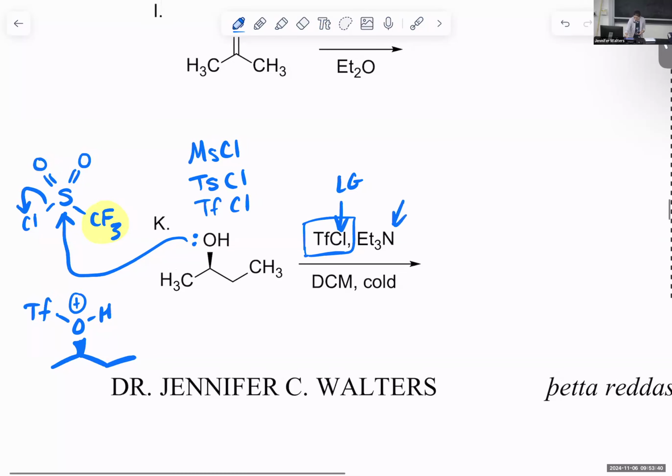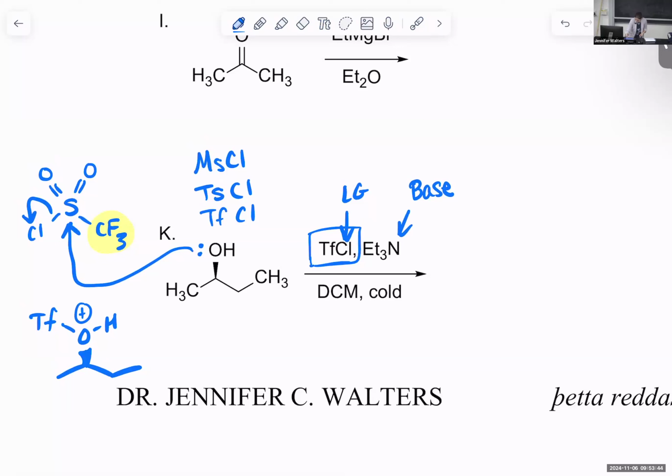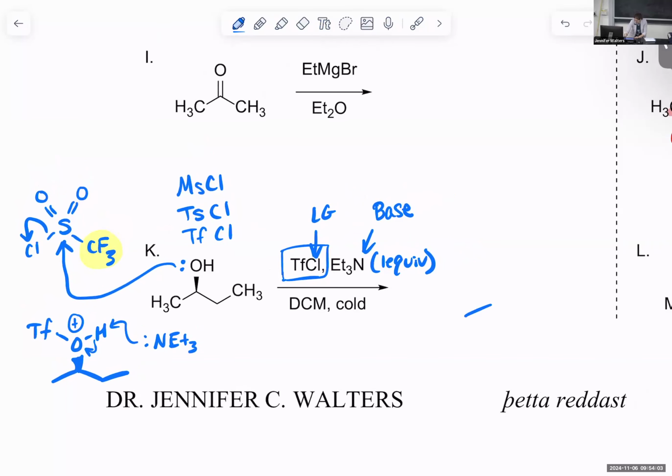The role of your base, which I should have indicated was one equivalent, but remember, acid-base chemistry happens fast. That happens first. So the base is just going to deprotonate in order to get it neutral. So it was just hoping that you would recognize that those were the conditions to turn this into a good leaving group.